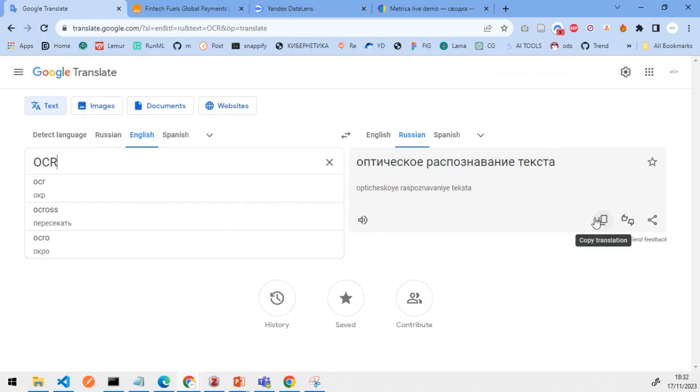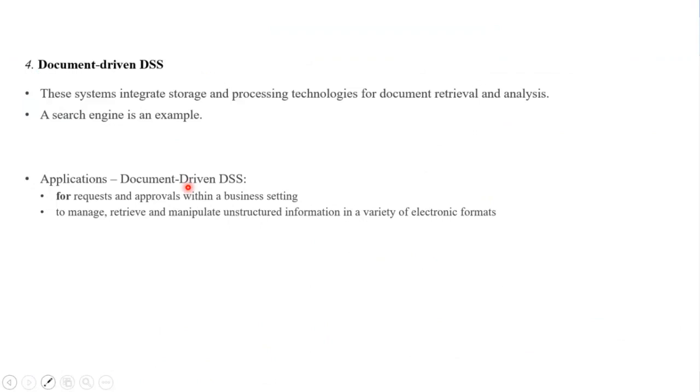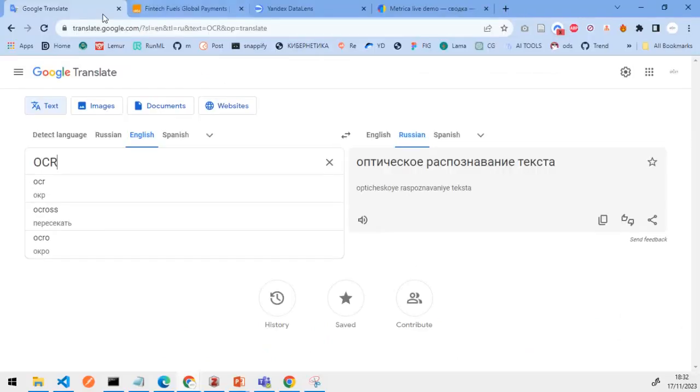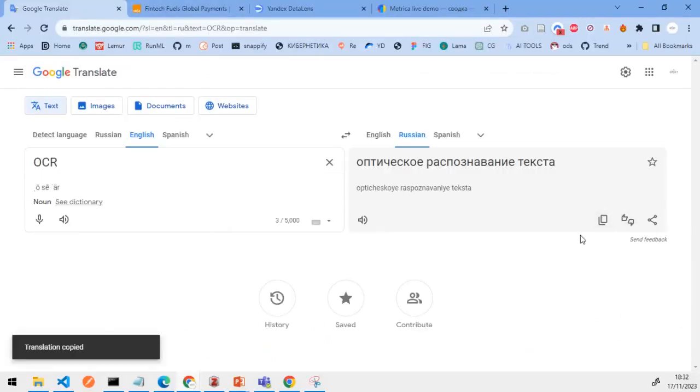Because for example, you scan a document in a PDF. When you scan this document in a PDF, how do we access it if we have to search for information? Maybe find some report from some years ago. So these document-driven decision support systems usually use search engine capabilities, and they store information, and they also use what I mentioned as optical character recognition.